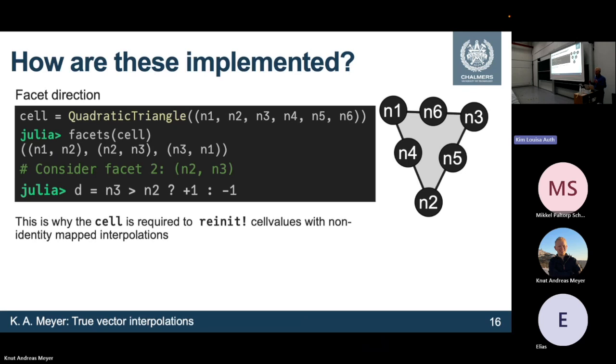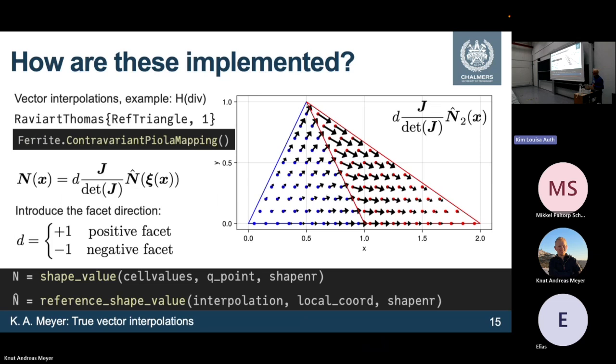Based on the numbering of the nodes, if it's increasing in the edge direction, then it's positive, and if it's decreasing, it's negative. That allows us to say that one of the sides is positive and one is negative, and flip the sign of one. And then we get this behavior where maybe you say, well, it's still not continuous here. There's still a jump, true, but there's no jump if you take the normal direction. And that's the trick, that's what we want.